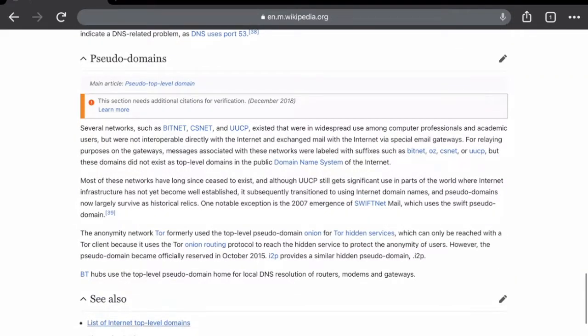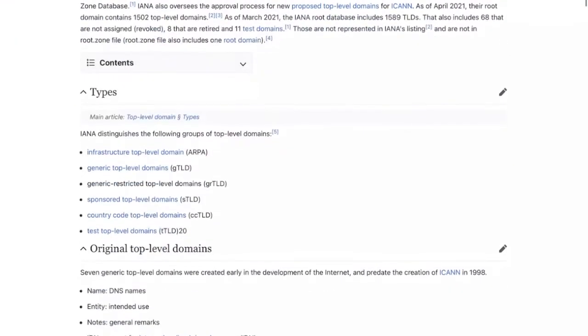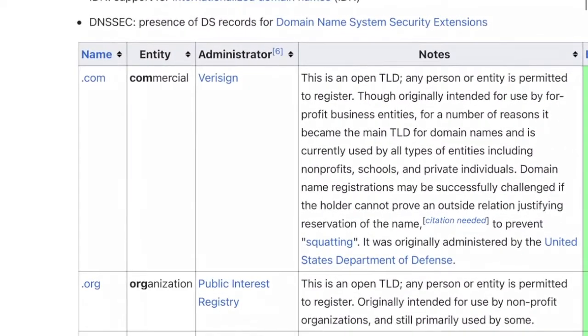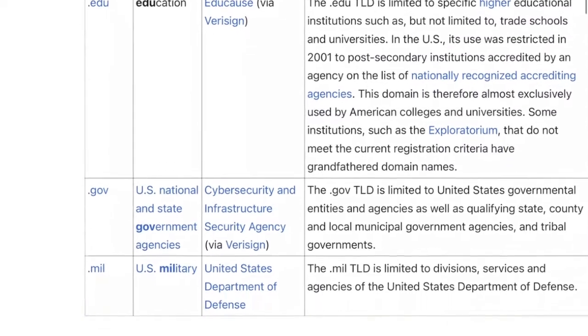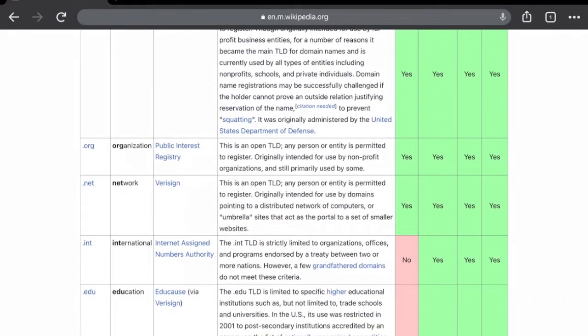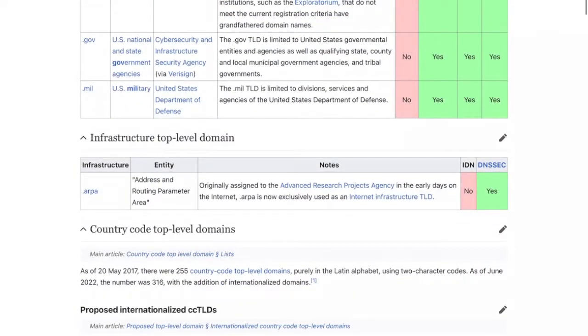In the early 1990s, there were only a few top-level domains. For example, as you can see, .com, .org, .net, .int, .edu, .gov, .mil. There were only that few top-level domains at the very beginning.